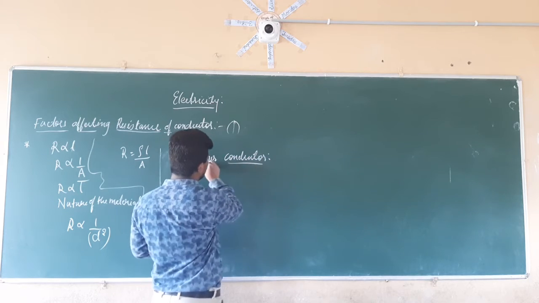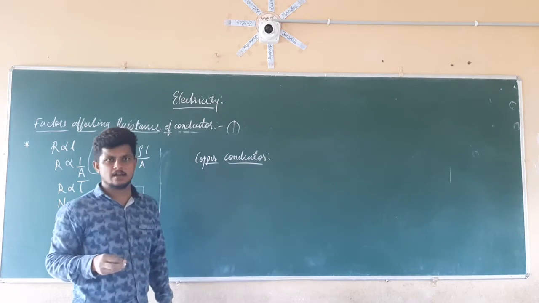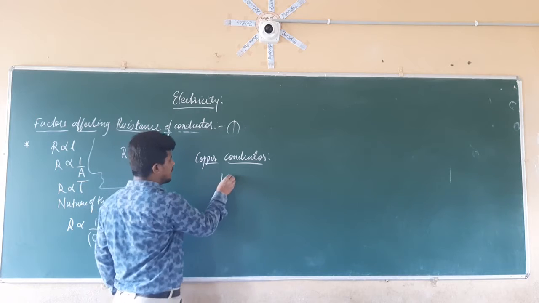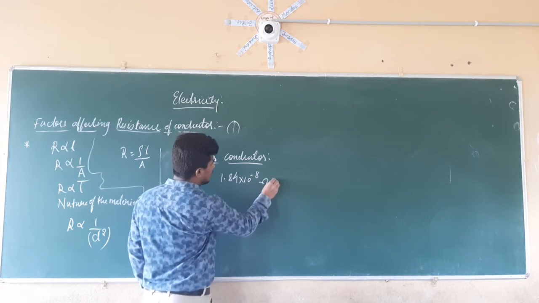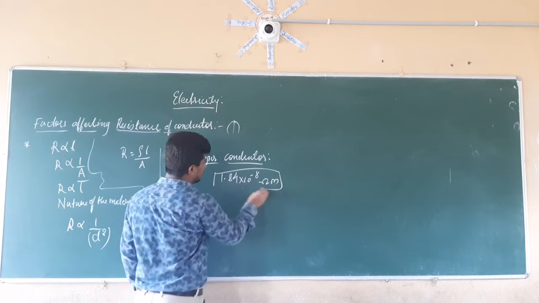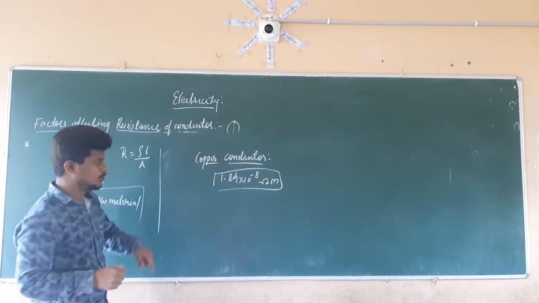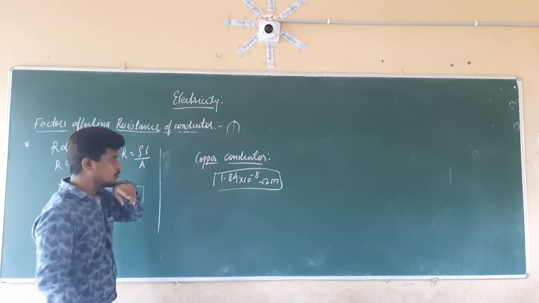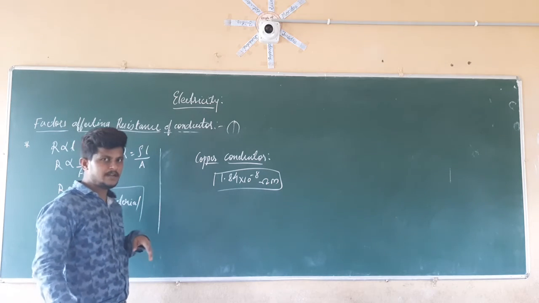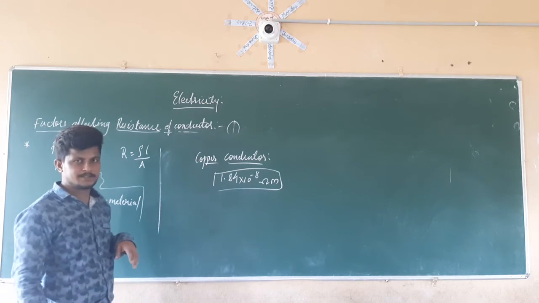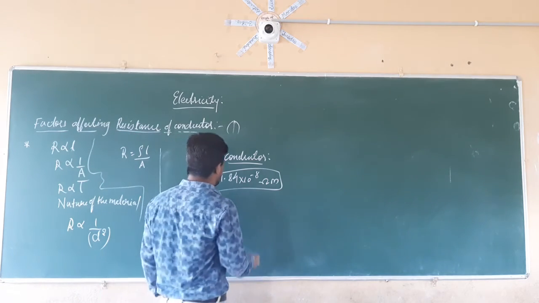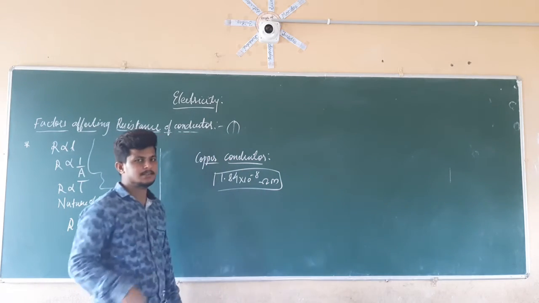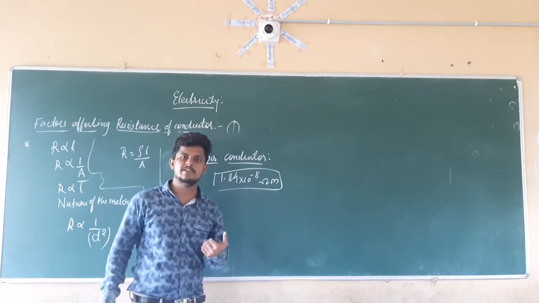So the value of the resistivity of copper is given as 1.84 × 10^-8 ohm meter in your textbook. Is 10^-8 a larger value or a very small value?